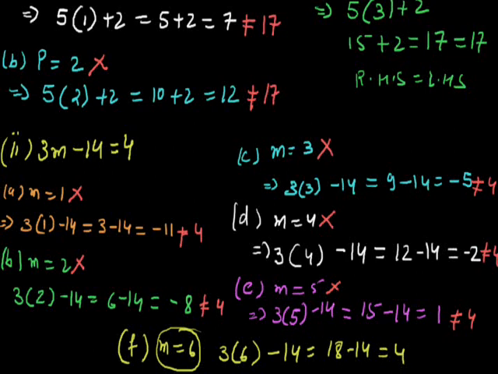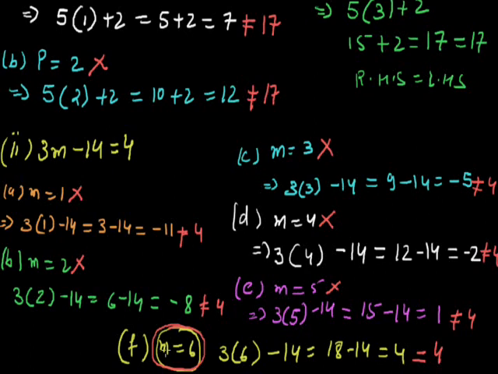Now here we are getting the left hand side as 4, and we have in the right hand side also 4. So 4 is equal to 4. So we can say that m is equal to 6 is our solution of the given equation that will satisfy the given equation. So our answer is m is equal to 6.